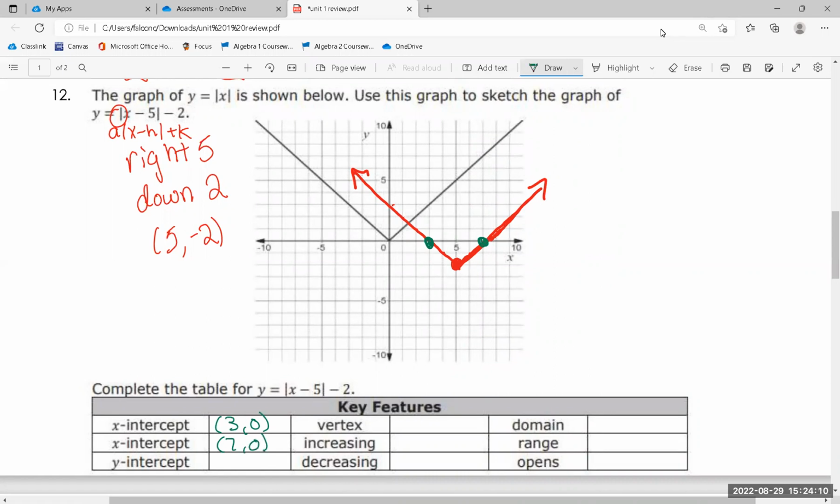Sorry about that. Just got to keep you guys on your toes. The y-intercept looks like it's up at +3, so 0, 3. Our vertex we said was 5, -2.